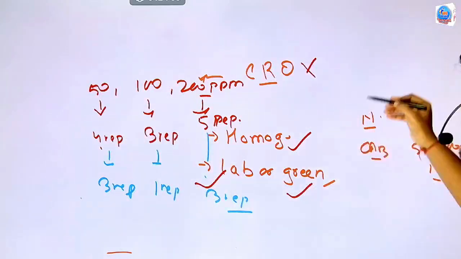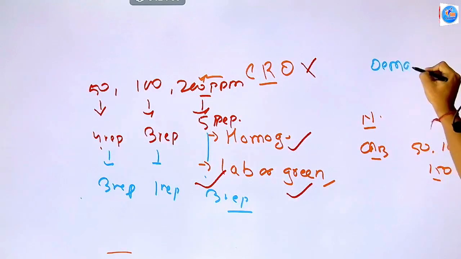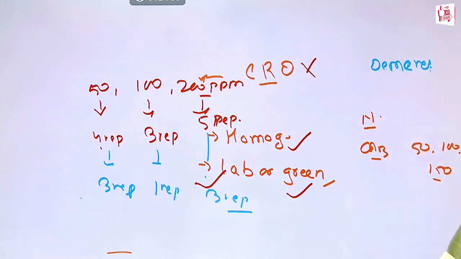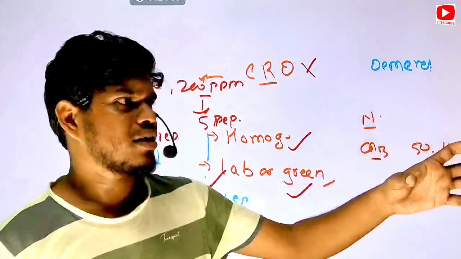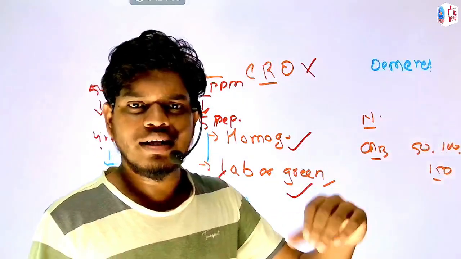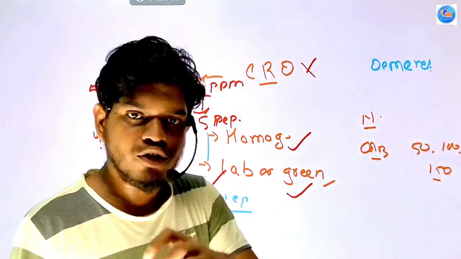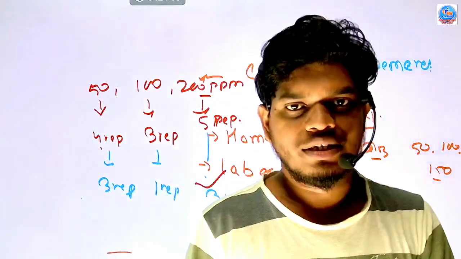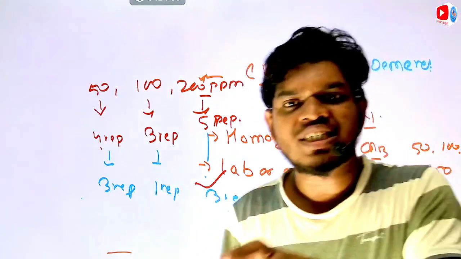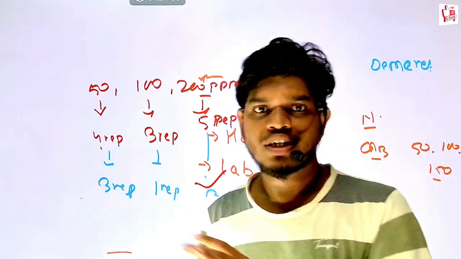When we talk about demerits, suppose in lab condition the windows are open, then sunlight comes onto our petri plates, then our replications get damaged and it becomes heterogeneous, then we don't use CRD.